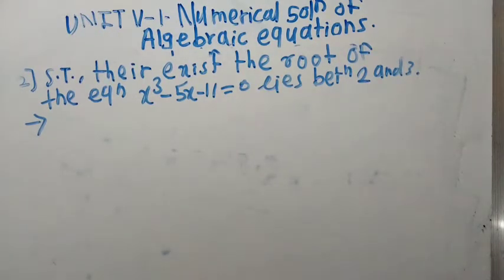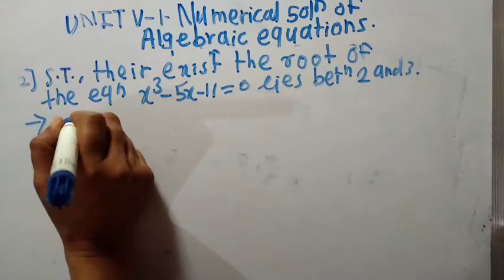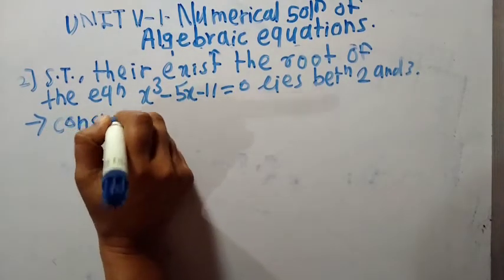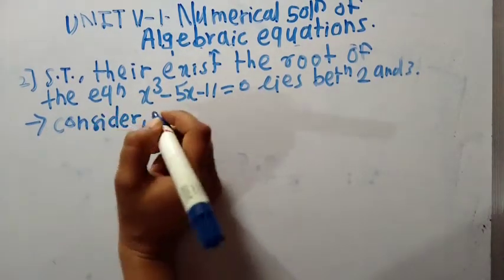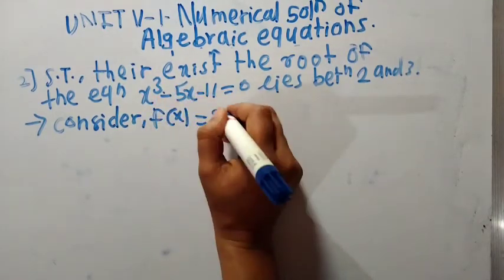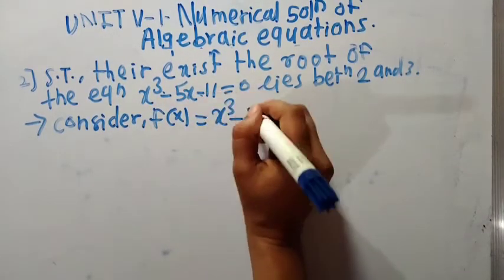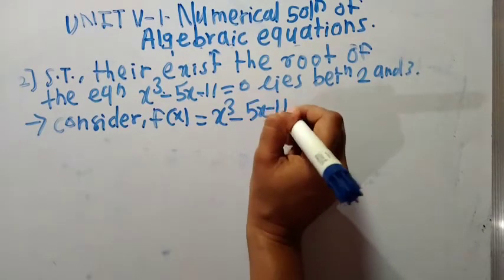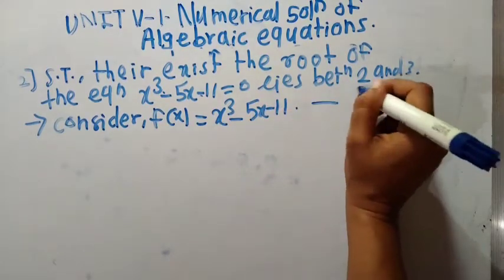So first consider f of x is equal to x cube minus 5x minus 11. It is first equation.